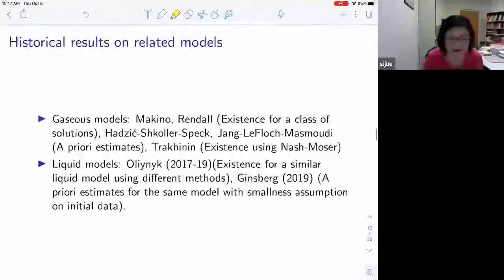Different from the water wave model, the Newtonian case, we don't really find a lot of results for the relativistic models.